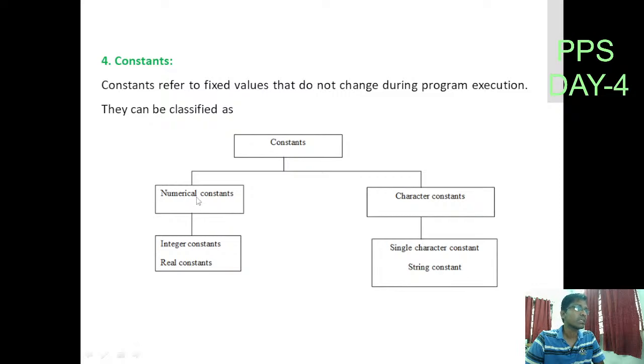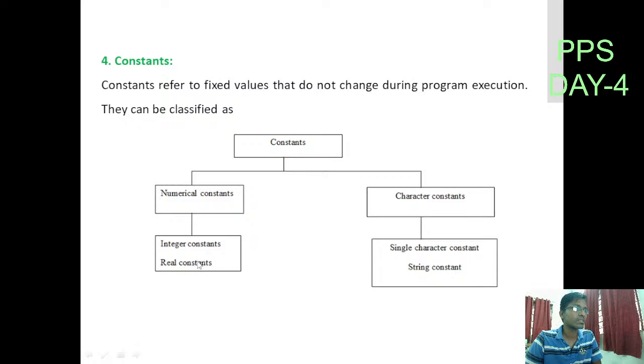In numerical constants, what are integer constants? Integer constants contain only the integer part. That is called an integer constant, whereas a real constant contains both the integer part as well as the fractional part.